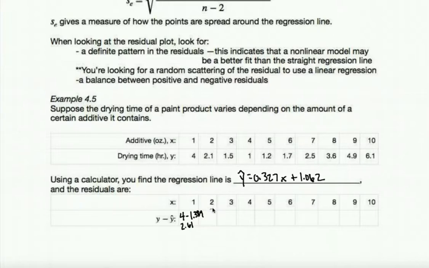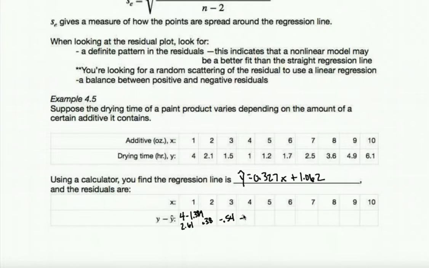You do the exact same thing for 2. Take 2, plug it in for your x, and whatever that value is, you subtract it from 2.1. When you do that, you'll get 0.38. For 3, you do the exact same thing: take 3, plug it in for x, get your y hat value, and subtract it from 1.5. You'll get negative 0.54.